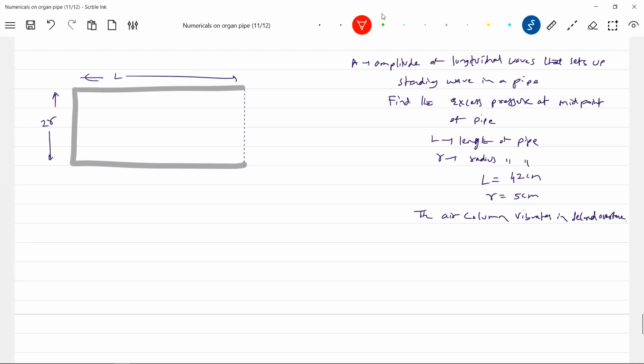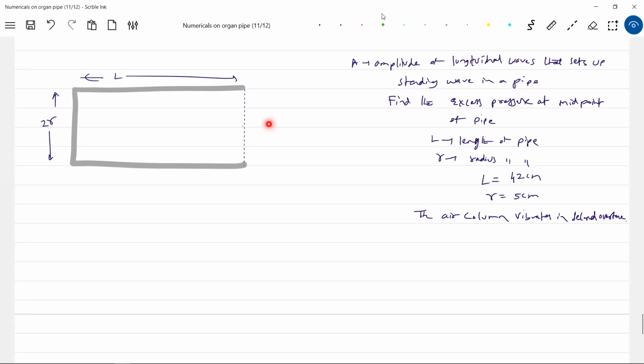How many loops? It's a closed-end organ pipe, no? You can see that it's a closed-end organ pipe. So the displacement or pressure wave will go like this. So a pressure antinode should come, and where should the pressure node be? Shall I go for the pressure node at the open end or on the right side of the open end? Because the radius is given. If I don't give the radius of the pipe, then you have to neglect end correction. Am I right? Since the radius of the pipe is given, you must consider end correction.